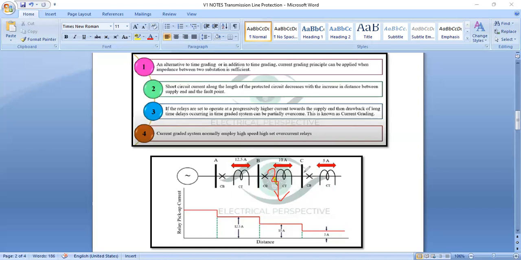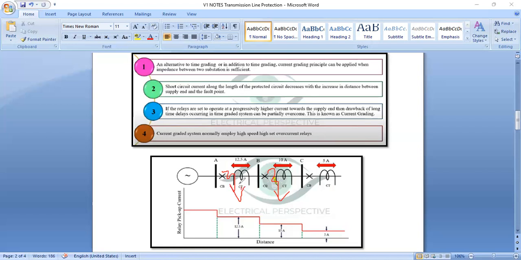If the fault occurs in section B to C, but now the location is very near to the station. Ideally, relay B should operate to isolate the faulty section because it is occurring in the B to C section. But in actual practice, relay A feels that the fault is in the AB section.